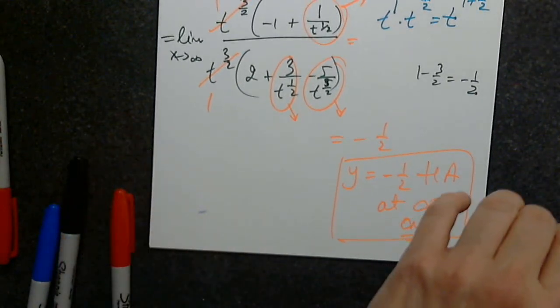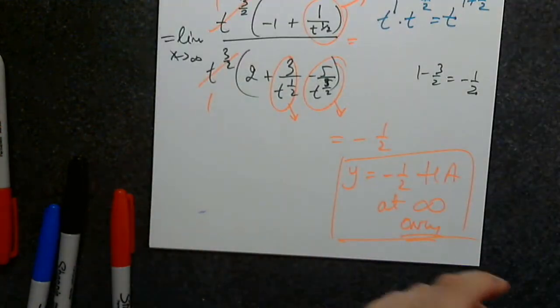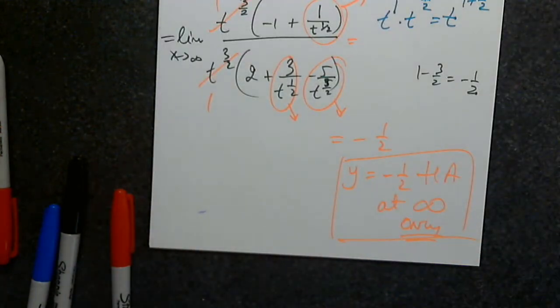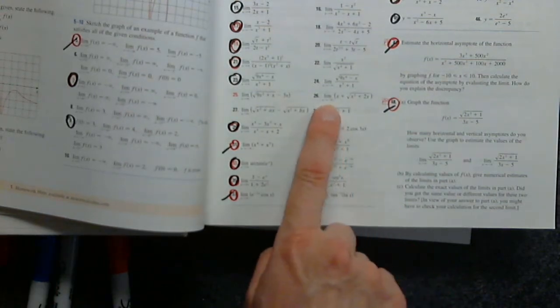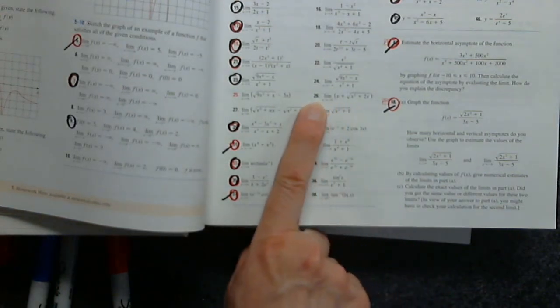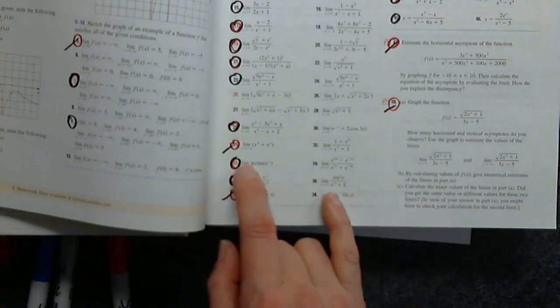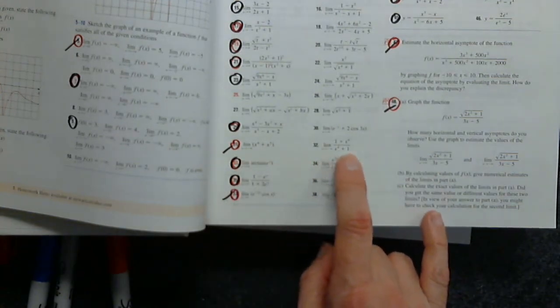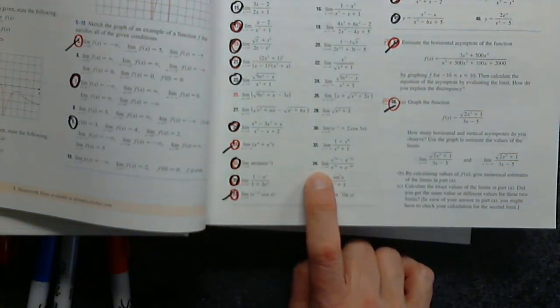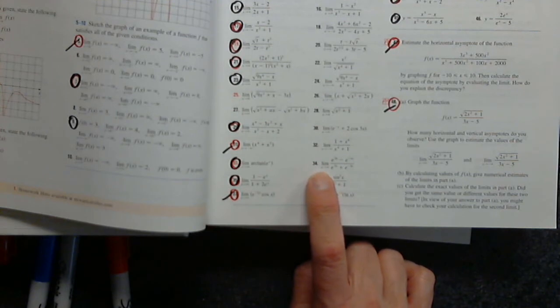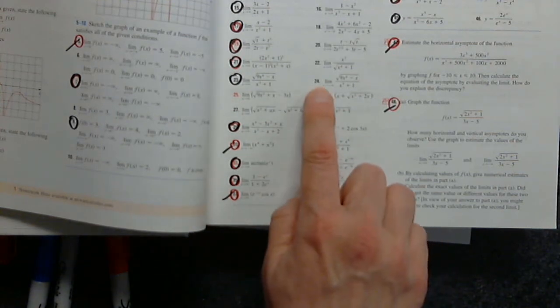So did I write the horizontal asymptote here? Yes, I did. Okay. So now before we continue to something else, or we practice whatever you want me to do, I would like us to go through something like this, 26, 34, and maybe 24.